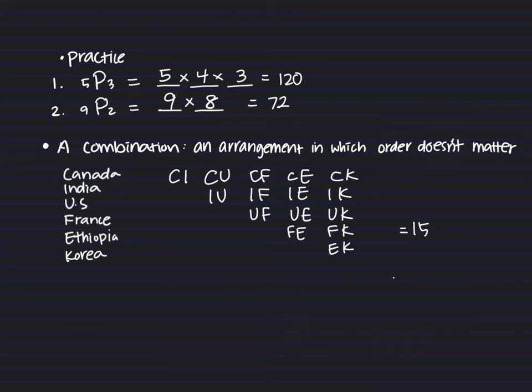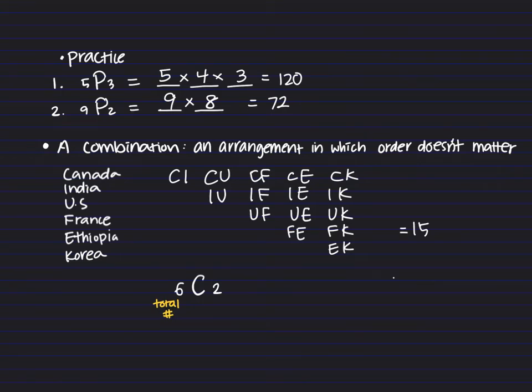If you're writing this as an equation, this is how it's going to look. Just like permutation, you're going to start with a capital letter, which is C, for combination, and you're going to have 6 options for your event. And then you're going to write a number here because you're going to choose 2 countries to work on your projects.